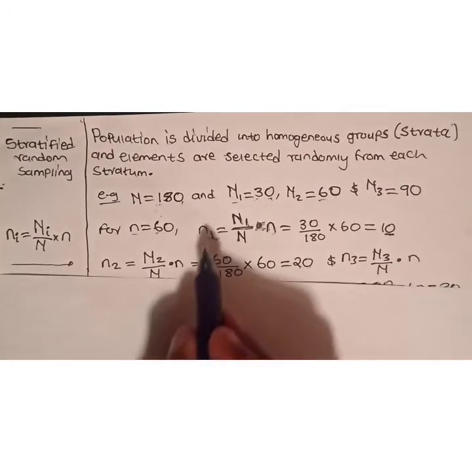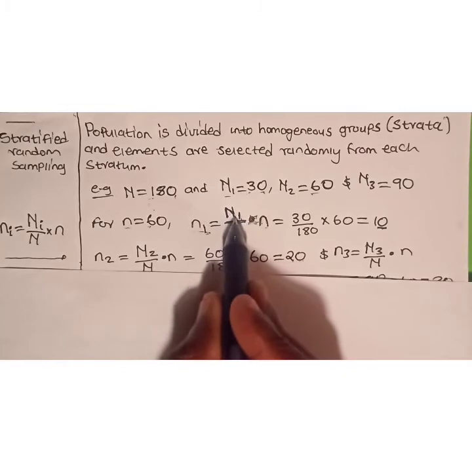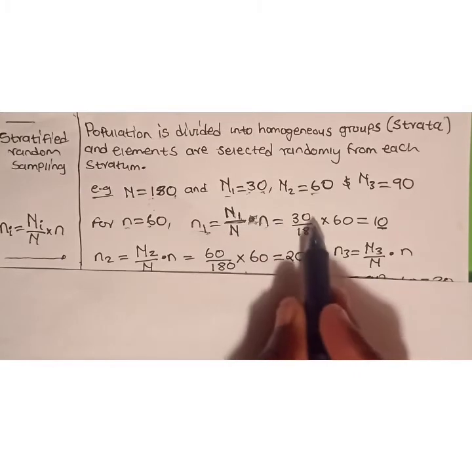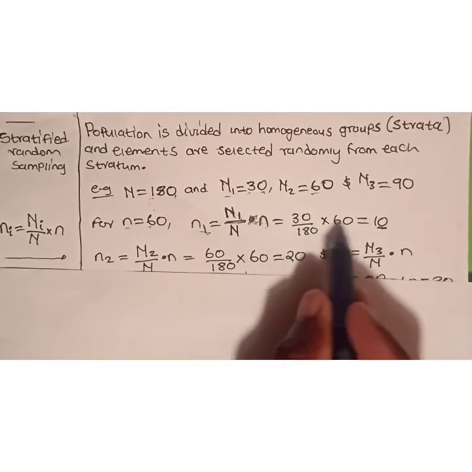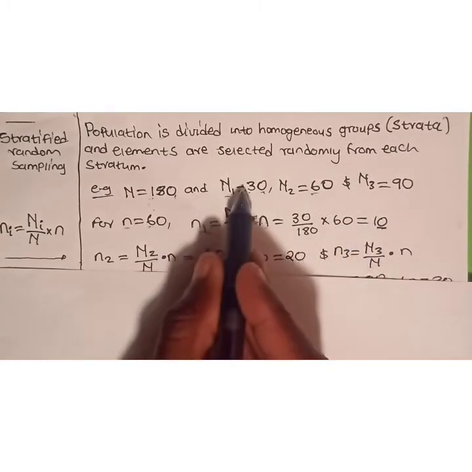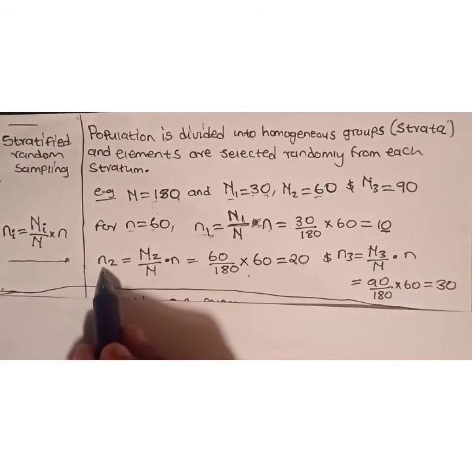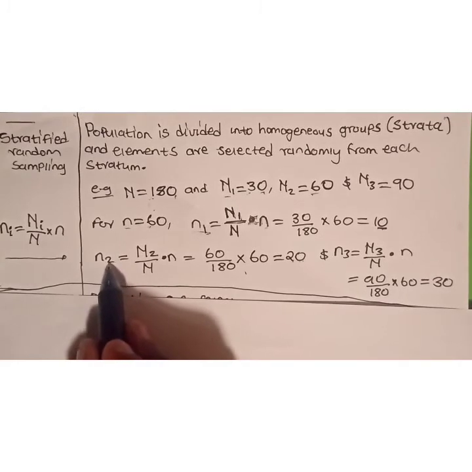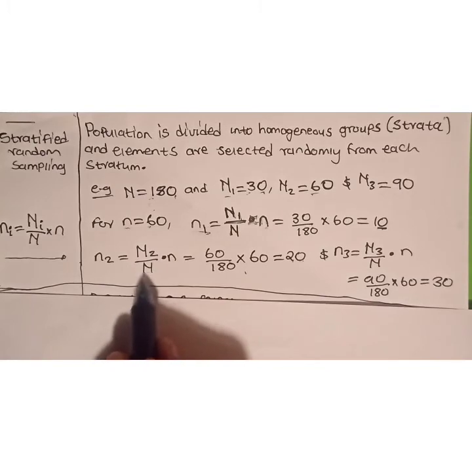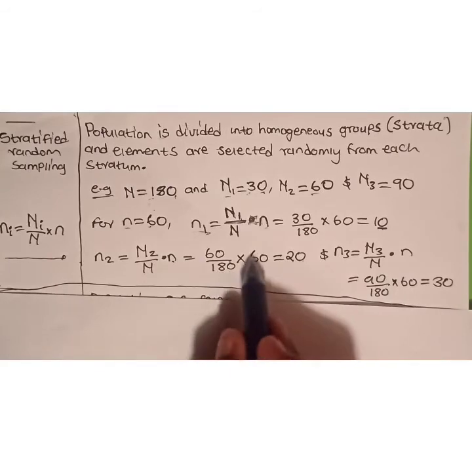So for stratum 1, N1 is given by the population size for stratum 1 divided by the overall population times N. So it's 30 divided by 180 times 60, and you'll get 10. So 10 individuals will be from stratum 1. For stratum 2, the sample size is the population size from stratum 2 over the overall population size times the sample size, which is 60 over 180 times 60.